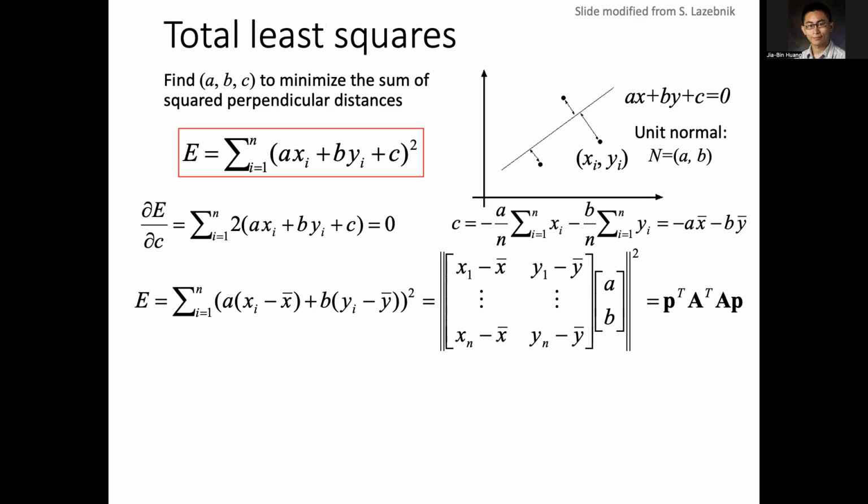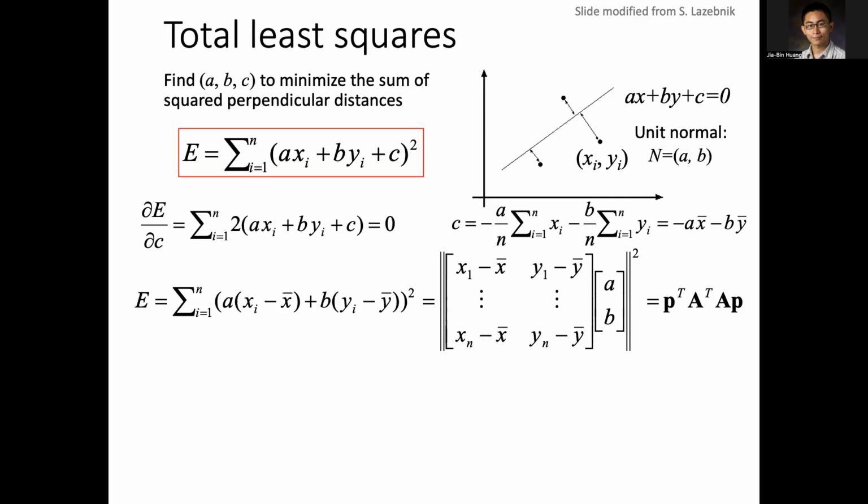If you just look at this form, you'll find that the minimizer seems to be trivial. Trivial means that if you just set a and b, your parameters, to 0, then the whole thing is minimized. It's 0, because you have a quadratic function and the smallest value is 0. But that's not the right solution because you have a constraint on a and b.